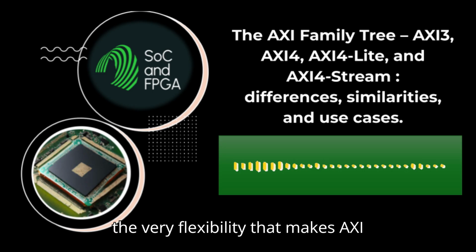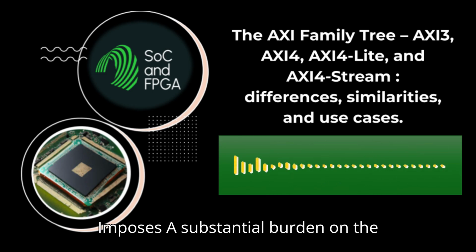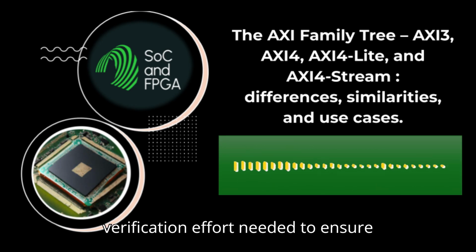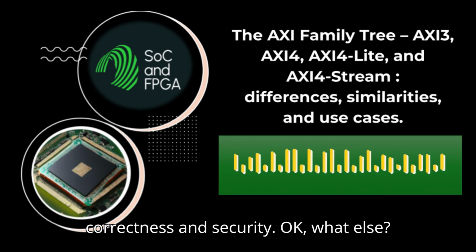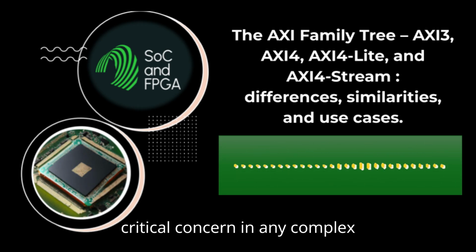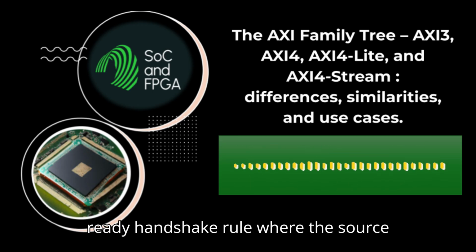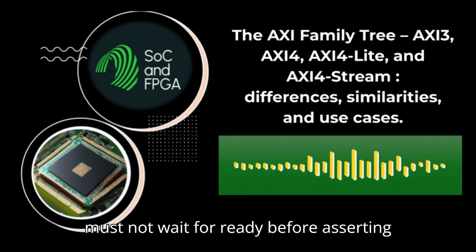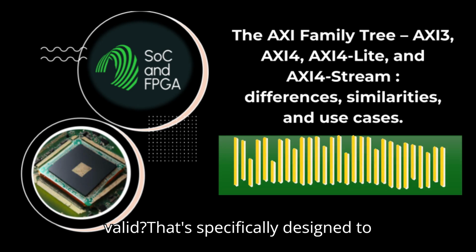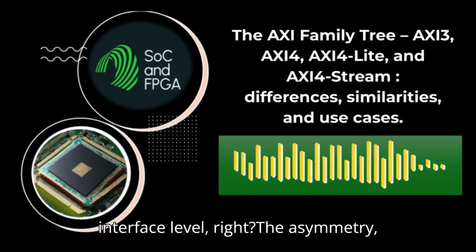The very flexibility that makes AXI powerful also, paradoxically, imposes a substantial burden on the verification effort needed to ensure correctness and security. Okay, what else? Deadlock prevention is another absolutely critical concern in any complex interconnect system. Remember that valid-ready handshake rule where the source must not wait for ready before asserting valid? That's specifically designed to prevent certain types of deadlocks at the interface level. Right, the asymmetry.